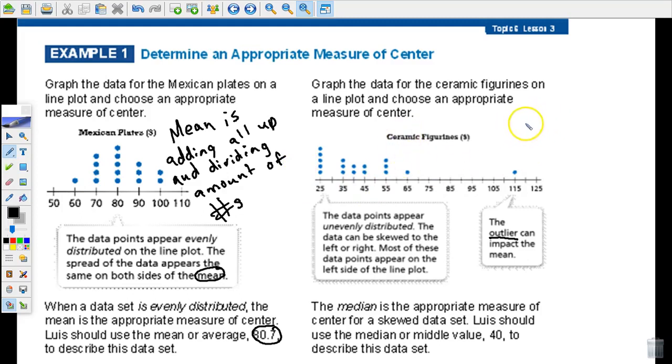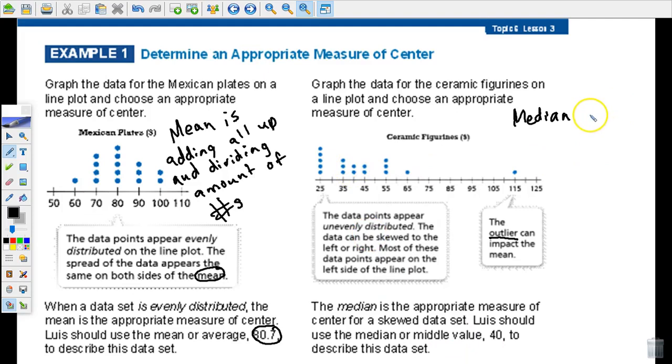So they say the median would be better for this data because this is just one number. It wouldn't throw us off that much. It looks like it's around here and our median would be 40. Okay.